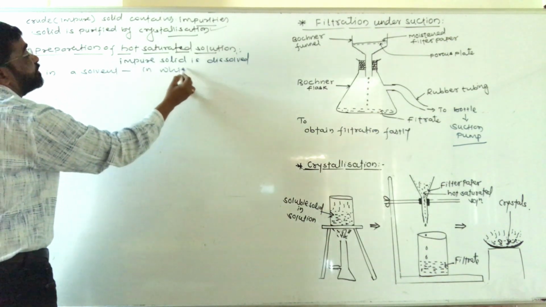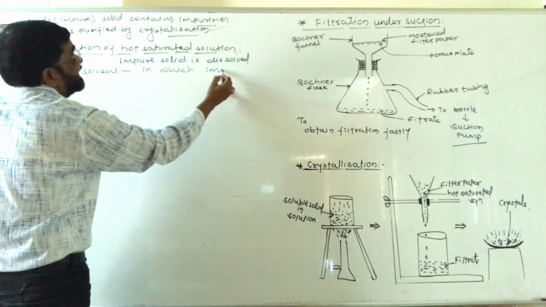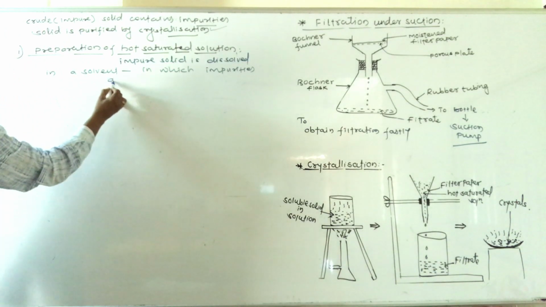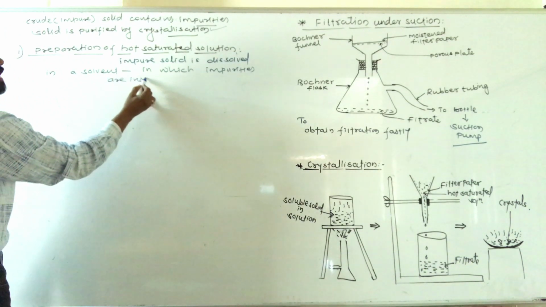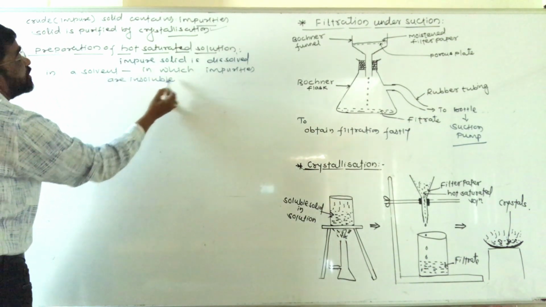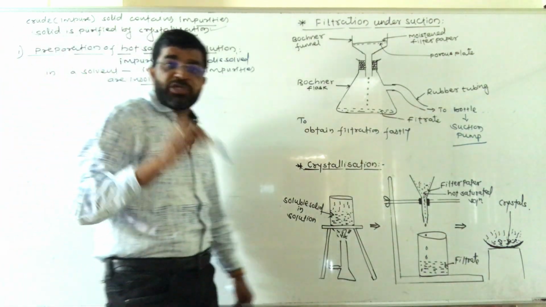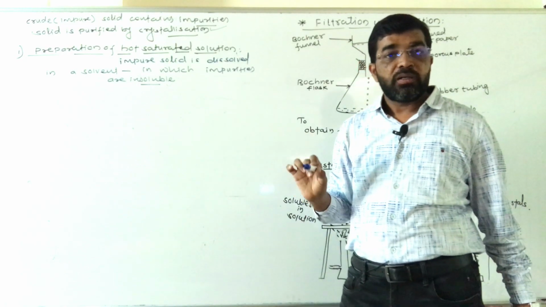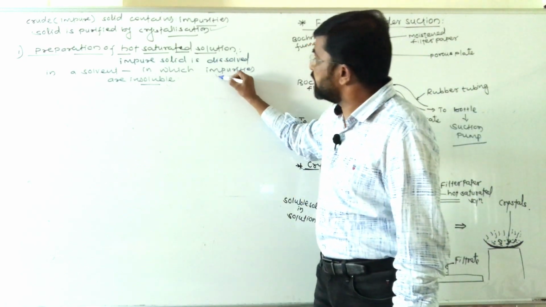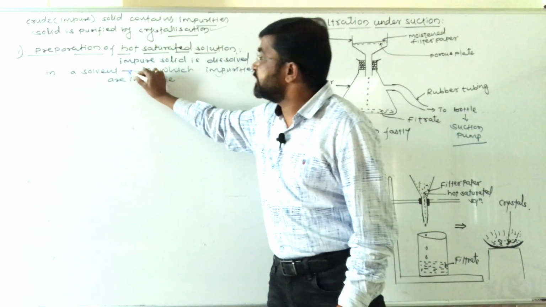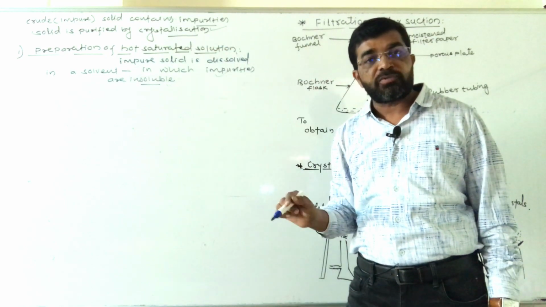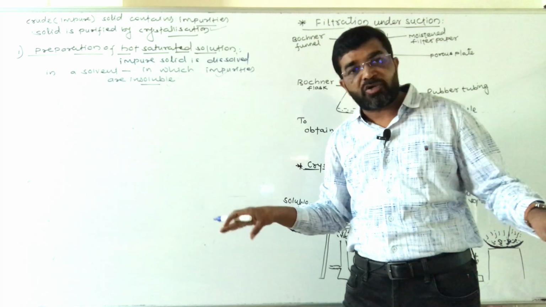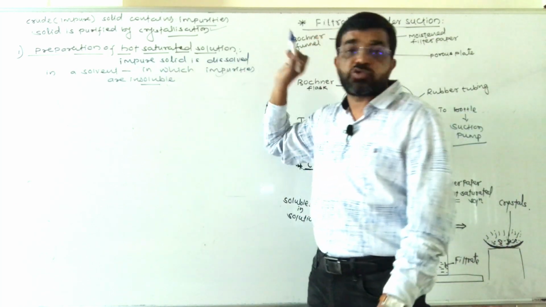We have to select a solvent in which the impurities are insoluble, but the solid is soluble in that solvent. So we take the solvent in which the impurities are not dissolved, but the solid is soluble.